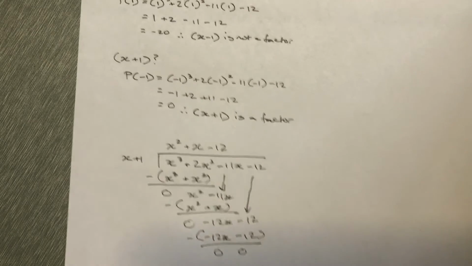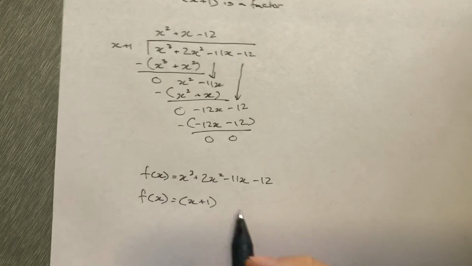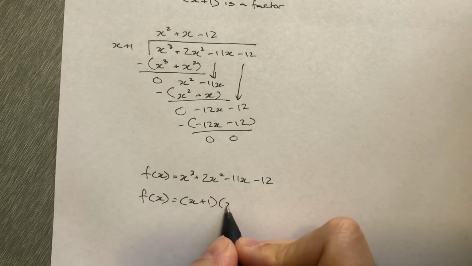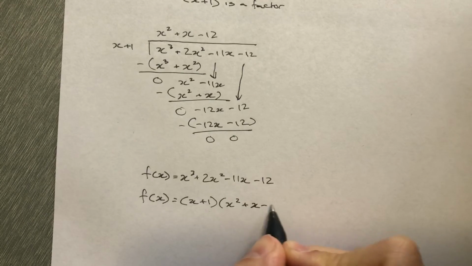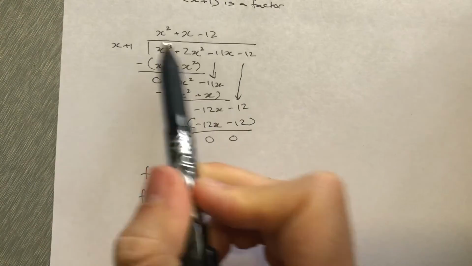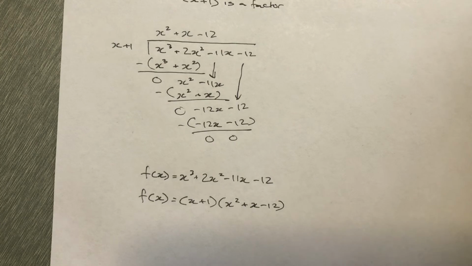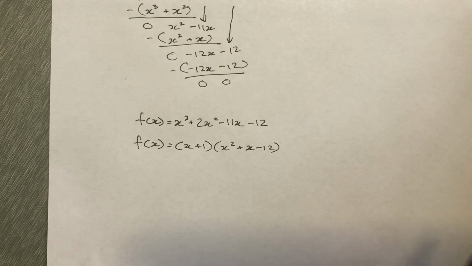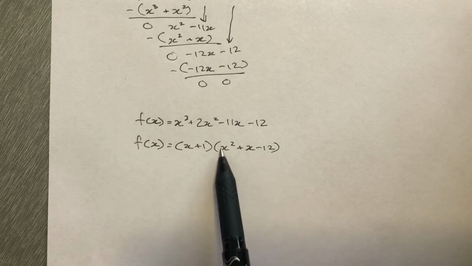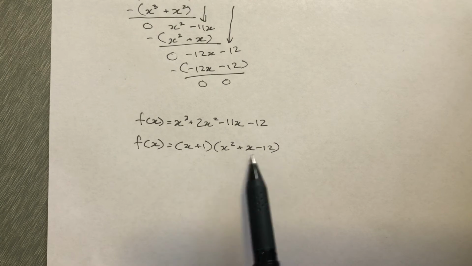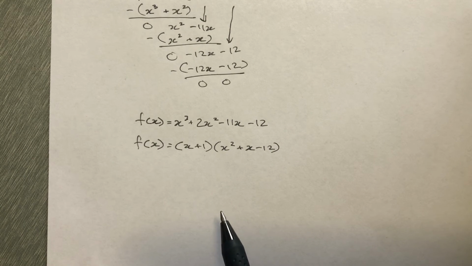We found that up here. And now the other factor that we have right now is a quadratic one, which is what we got from our long division. Cool. So this should hopefully look pretty familiar. All we need to do now is break this one up into linear factors because it's currently quadratic.